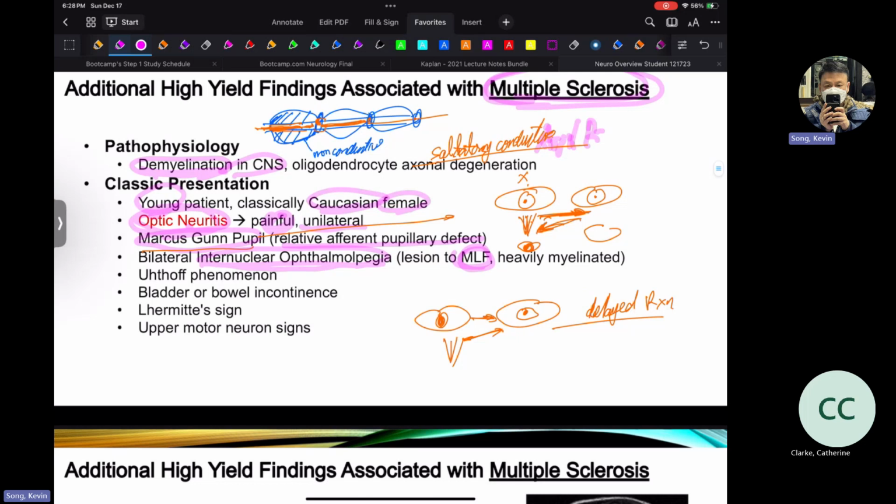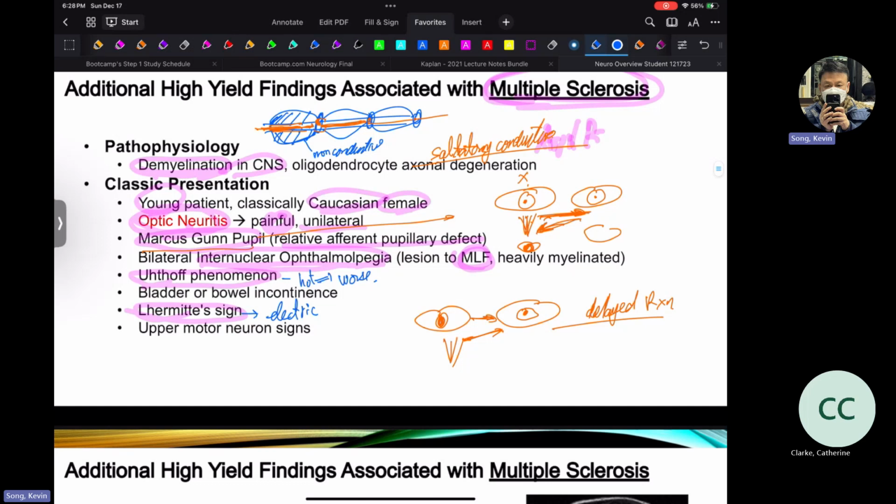Another thing is the Uhthoff phenomenon, and you have to know this one too, the Lhermitte sign. The Lhermitte sign is like an electrifying sensation.